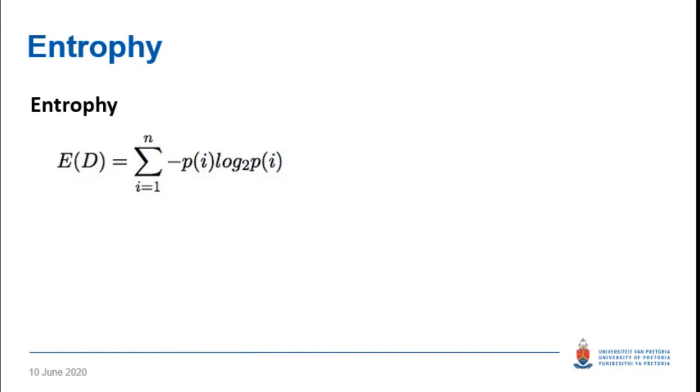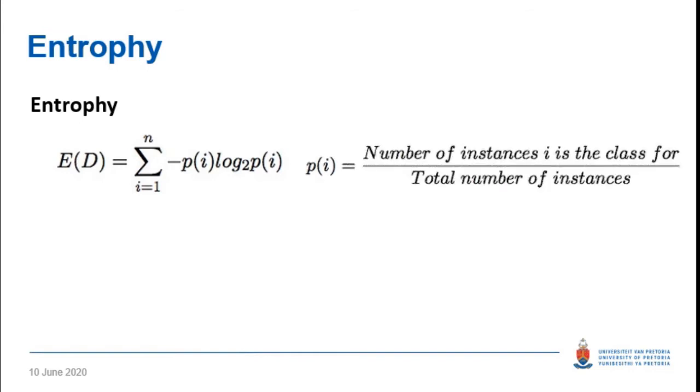So it belongs to the class or it doesn't, and we're basically adding up the number that belongs to the class and dividing by the total number of instances. So if you had to define a p i, it's the number of instances of that class i that occur in the data set, and we're dividing that by the total number of instances.